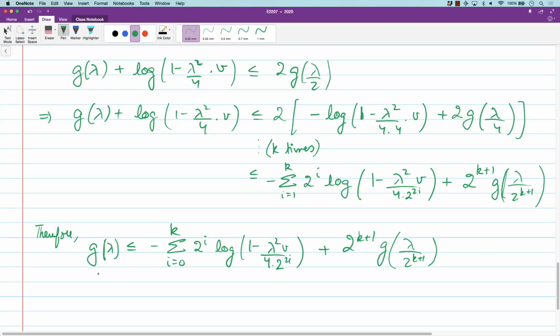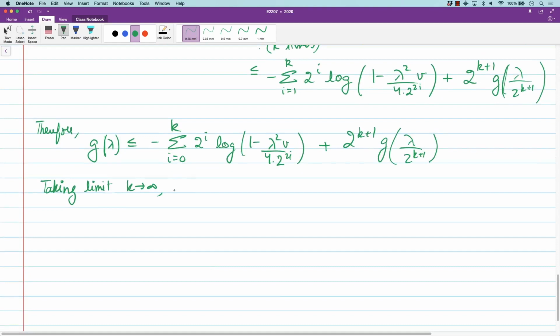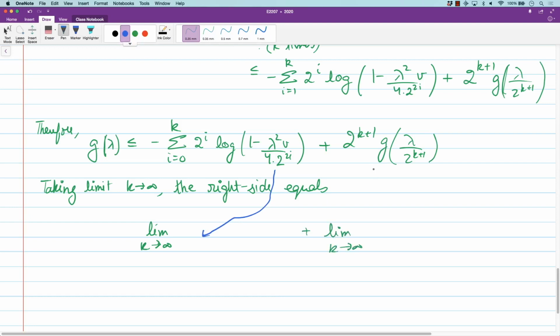So taking the limit k going to infinity, the right side equals, so there are two terms. The first term, I'll come to it later, is the limit as k goes to infinity of this guy here, plus the limit as k goes to infinity of this second guy.